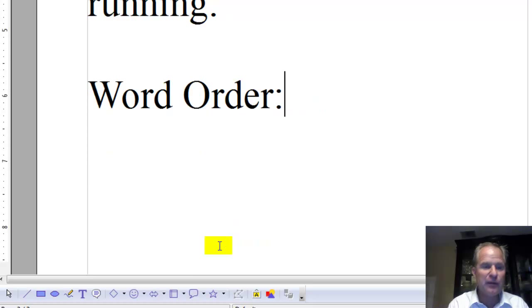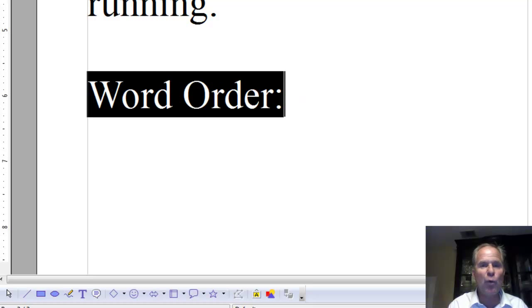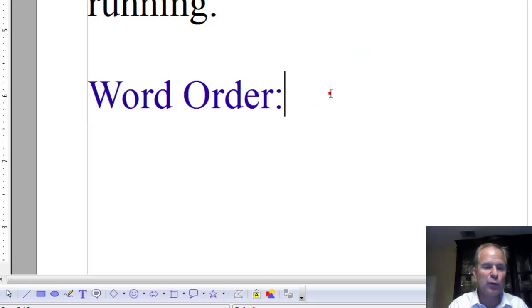Now, the last thing is word order. So you should also be careful about word order during the TOEFL iBT.